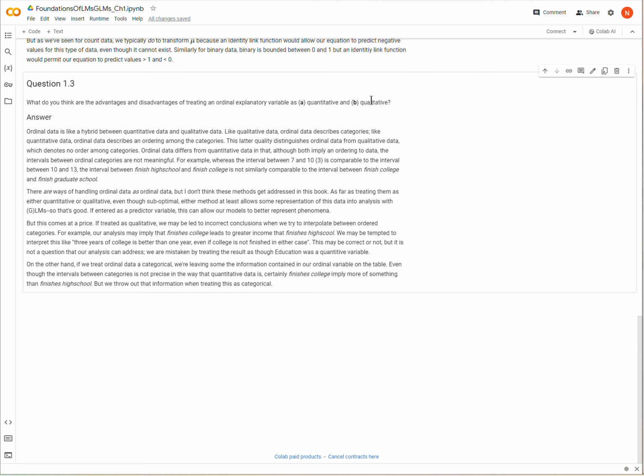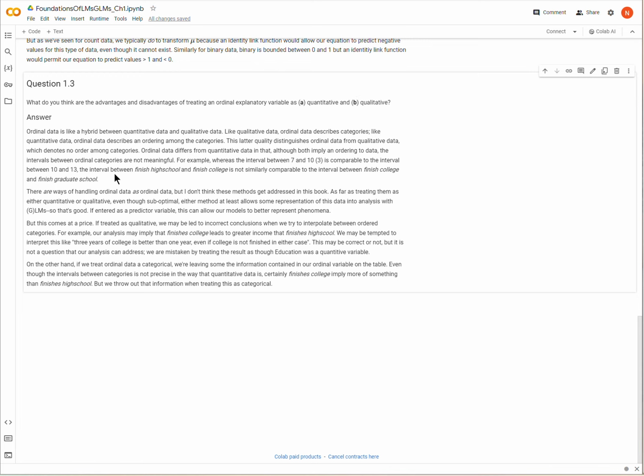In the eye color example, in no way does it make sense to say that brown eyes are more than or less than blue eyes. The differences between them are not intervals. It's not directional at all.